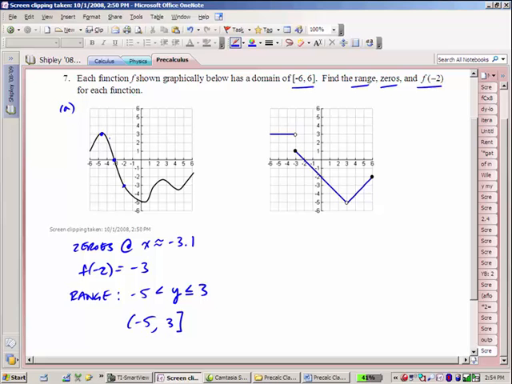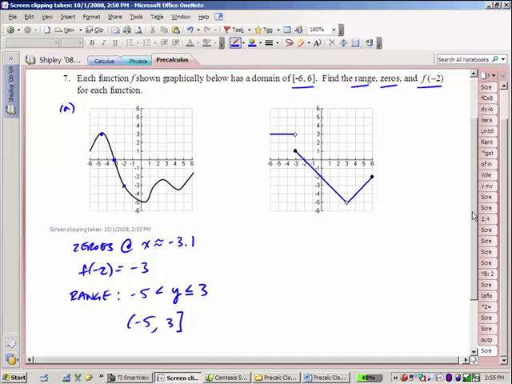Does that really go to 3? Is it just below it, just above it? So you could actually be right by using a bracket or a parenthesis. Exactly. In this case, because it's a graph, we lack the precision. Now, if I gave you the function, then algebraically you could actually tell me what it is. Okay, so there's a difference depending on how the question's posed, how accurately you can answer.